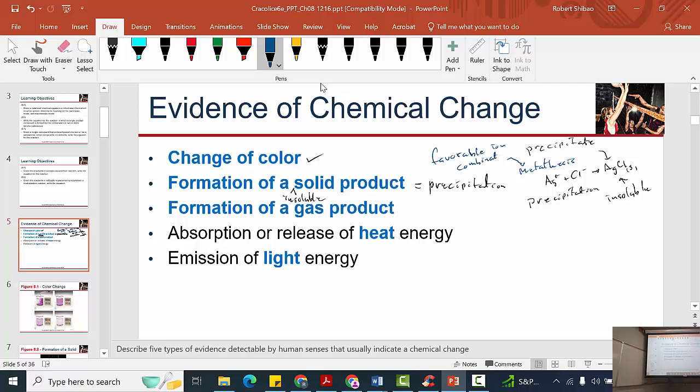So silver and chloride like each other strong enough that it forms a stable solid, a stable lattice. It's hard to break apart this lattice once it forms. That's why it's insoluble. We talked about that yesterday.